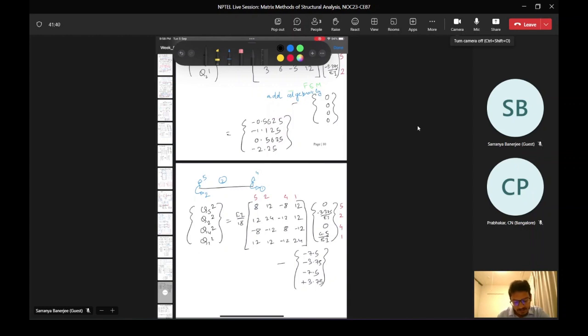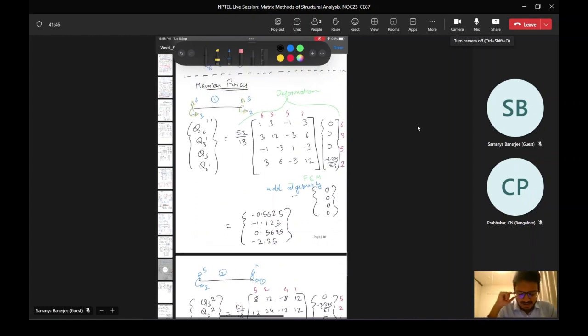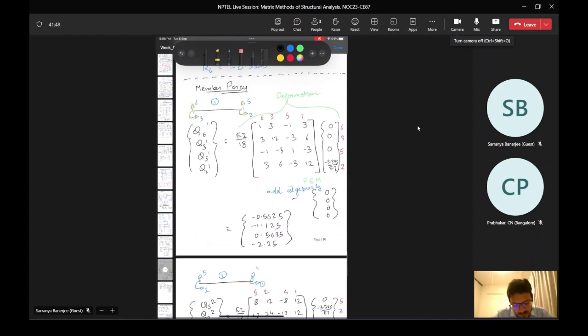Just one more point that I wanted to add in this context is, we are saying that we can just subtract the fixed end moments or algebraically add, right? So basically what we mean here is that if these are the fixed end moments, then we subtract. If we are taking the equivalent loads on the joints, then we add, right?